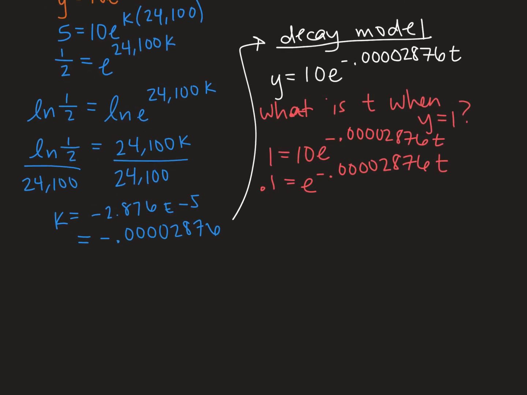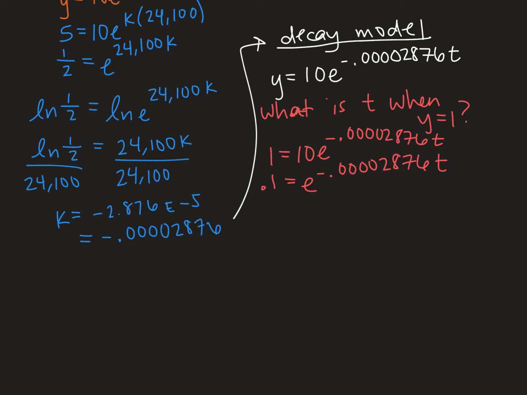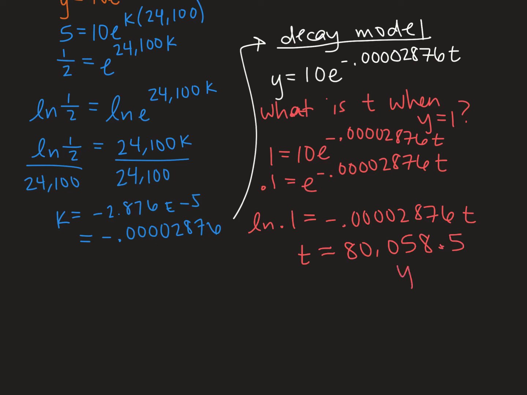Then taking the natural log of both sides, we can sort of see a pattern here. I don't need to write everything out. I'll have the natural log of 0.1 equals this large decimal here, actually small decimal. Dividing both sides, we'll get t is approximately 80,058. I guess 0.5 if that half year really matters there. Again, that's in years, which makes sense.